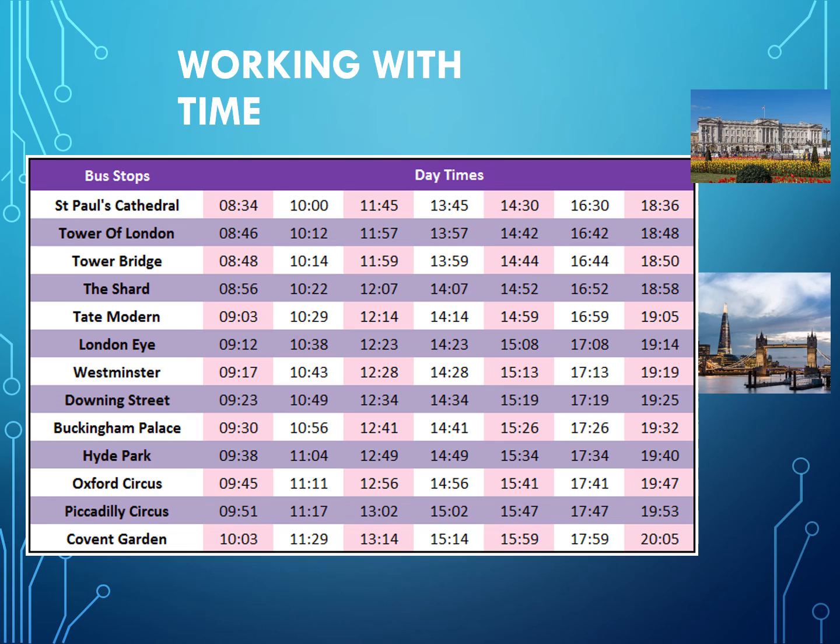We are going from 8:34 to 8:46 at Tower of London, to the Tower Bridge 8:48, to the Shard 8:56. We are not going across. So that's one point of confusion for most people who haven't used timetables. We are always catching the bus and going downwards to the next destination.